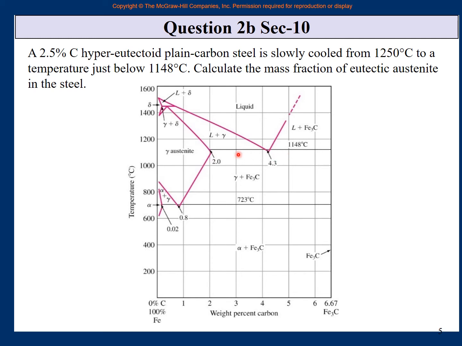And from the total gamma, if you subtract the pro-eutectic gamma, then you will get the eutectic. So you will have to draw a tie line just above 1148 by yourself. The question has not asked you, but because you want to find eutectic, and eutectic is total minus pro-eutectic, draw a line just above 1148.